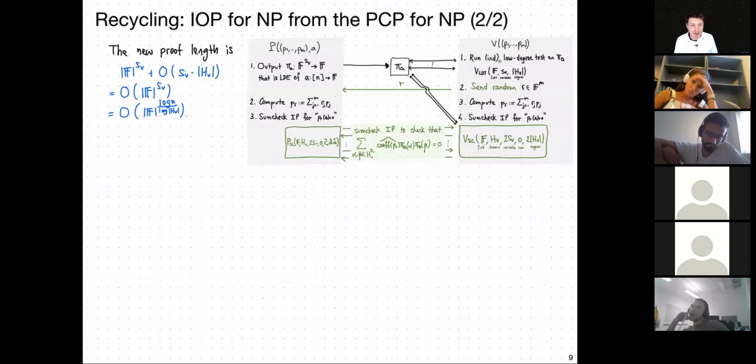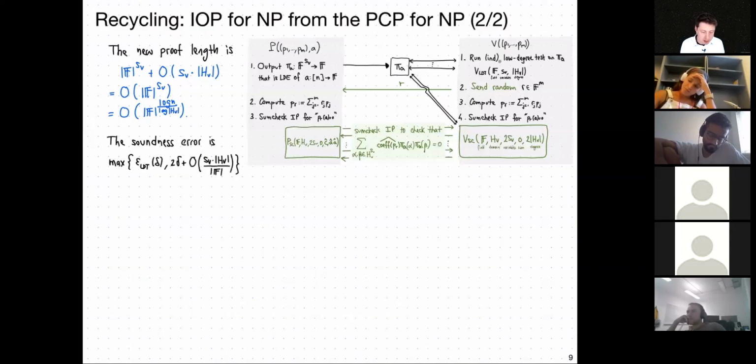Now, we haven't said yet what kind of polynomial it is. In order for us to understand the proof length, we need to understand how big of a field we need for soundness. Well, the soundness error doesn't change. It is the same as before. Either the logic test fails, or we fall into the noise of these two queries, or we pay for the soundness error of the soundcheck.